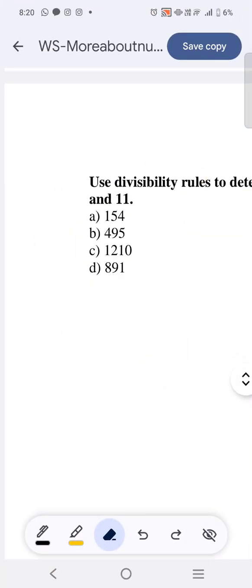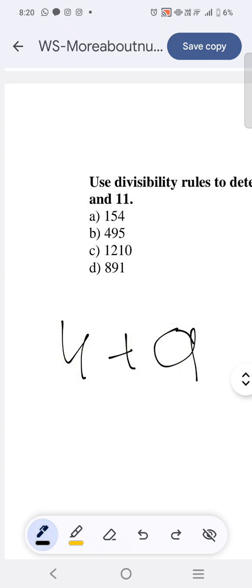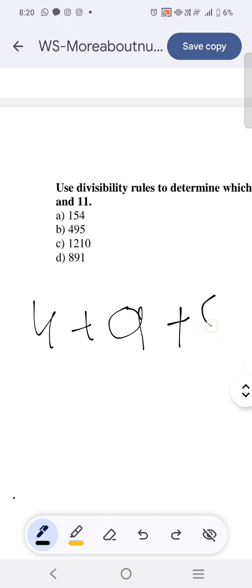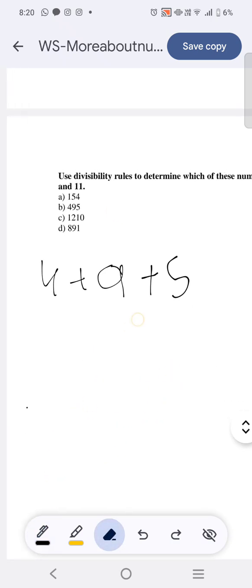So let's do the sum of the digits to find out. 4 plus 9 plus 5, right? 4 plus 9 is 13. 13 plus 5 is 18. Okay, so now 18, is it divisible by 9?